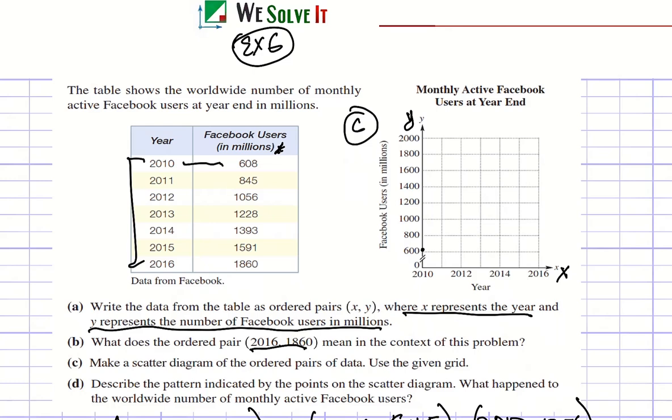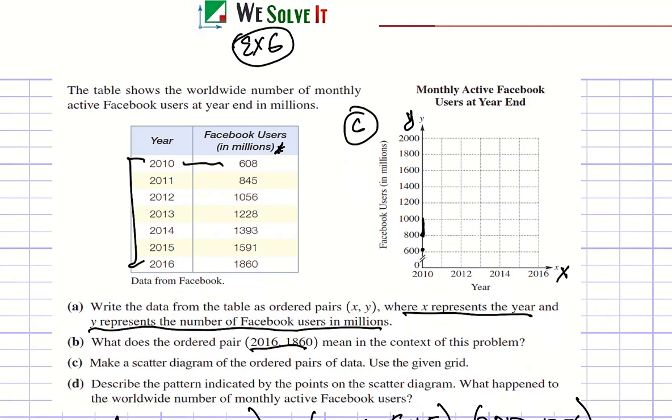2011, 845. You've got to be careful. They didn't write it, but it's right here. 2011, let me clear that out, because they want a scatter diagram. 2011 is right there. It's 845. Let me see, the space between two numbers.